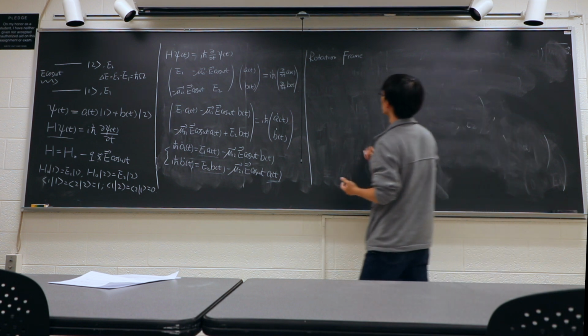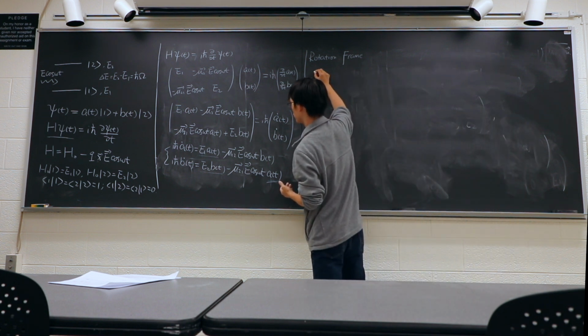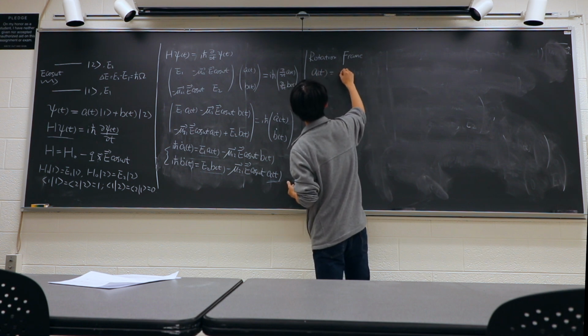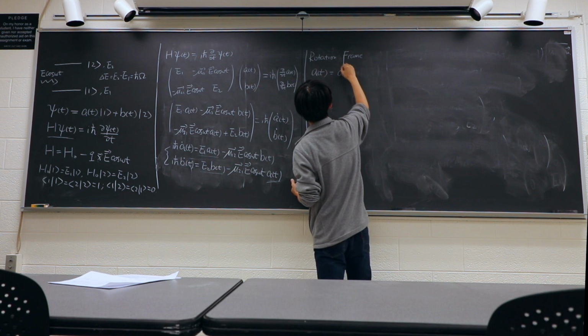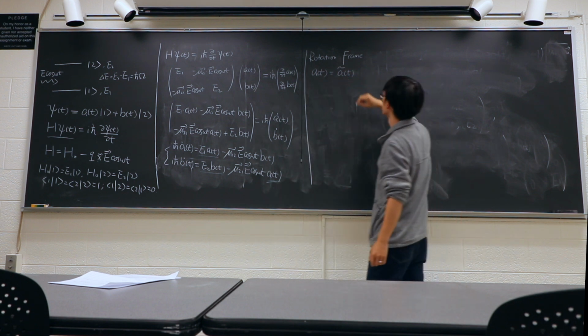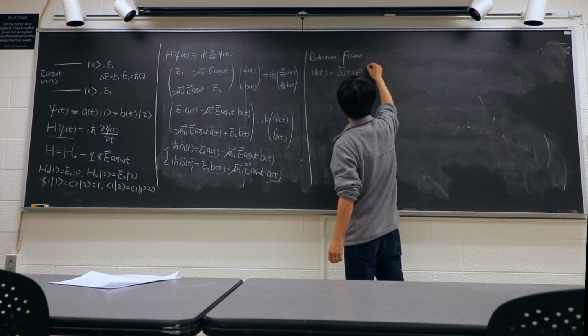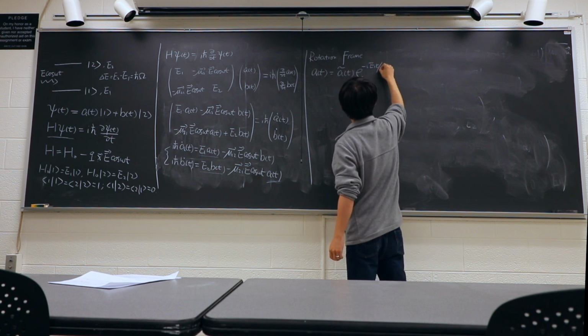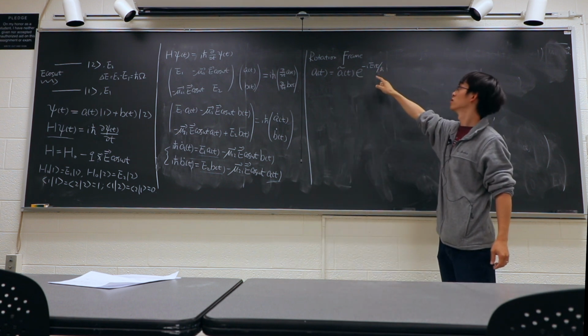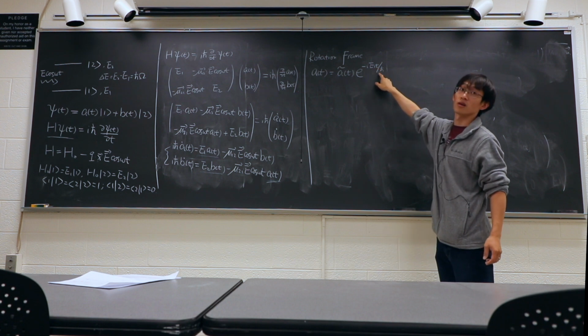So what we do here is you take AT equals a slowly varying component and the fast oscillation component, e to the minus i E1 t divided by h bar.